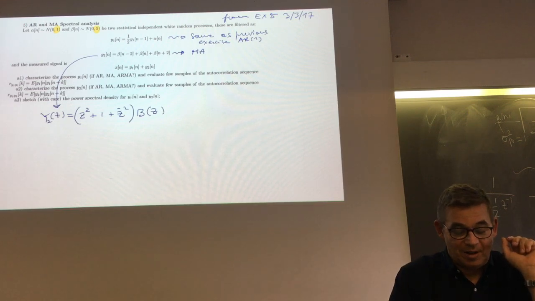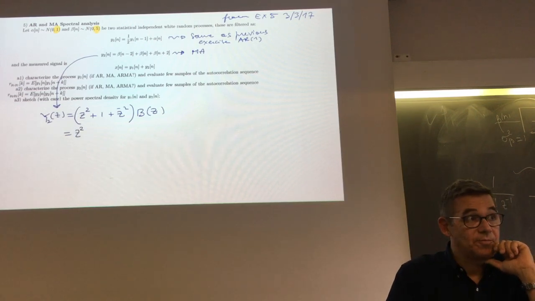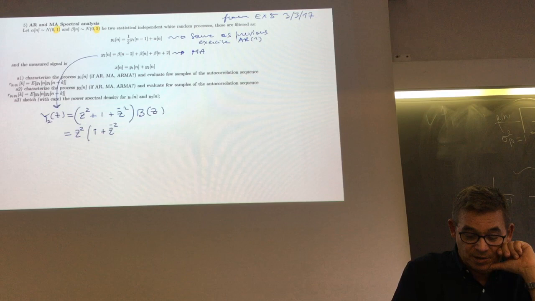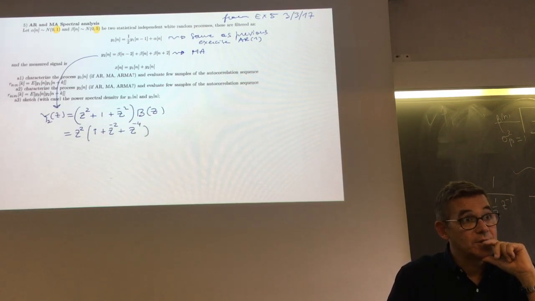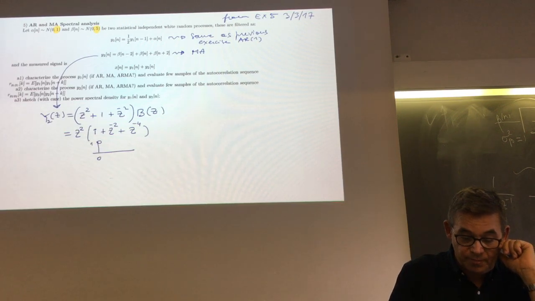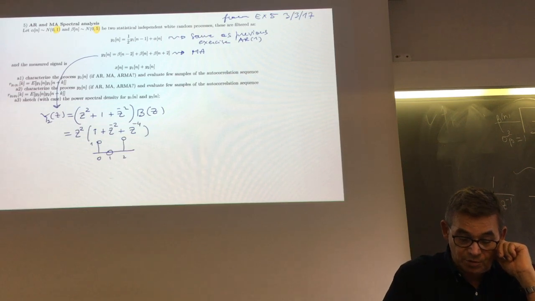Because I can collect z to the power 2, and this makes 1 plus z to the minus 1 plus z to the minus 4. So it is a sequence in total of 5 samples. 1, 0, and I have the 1 in position 2.